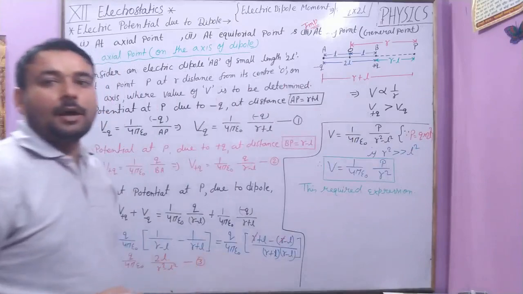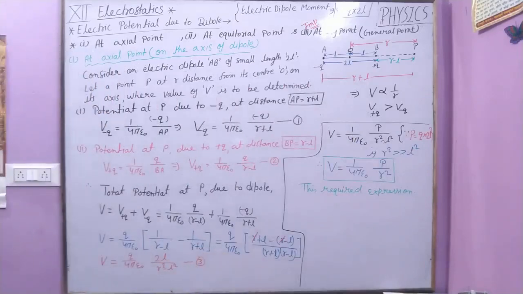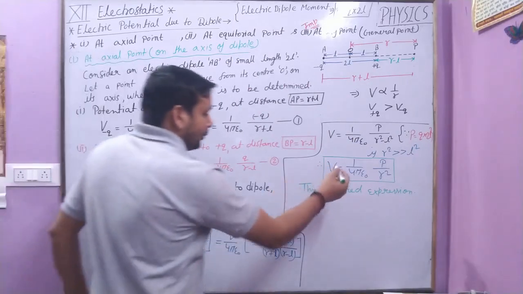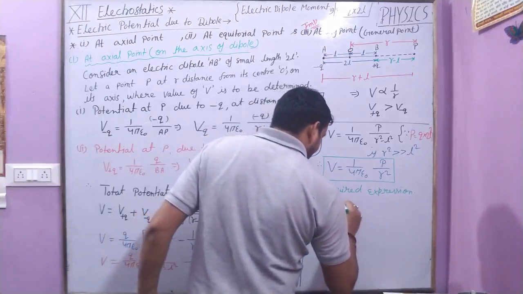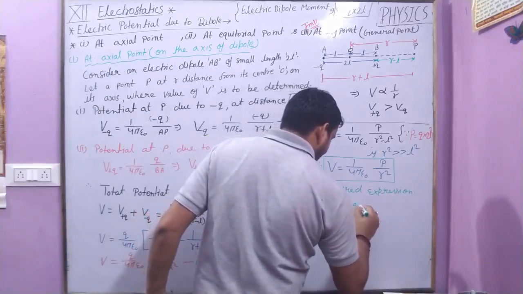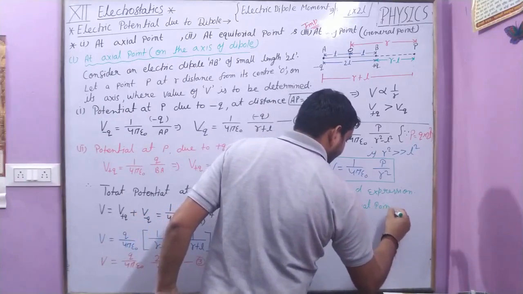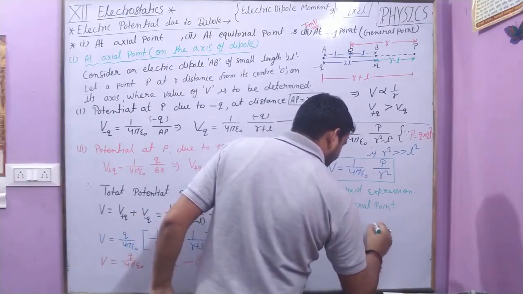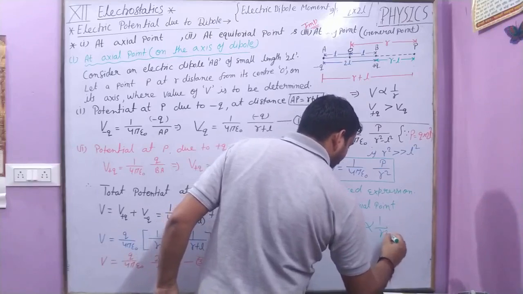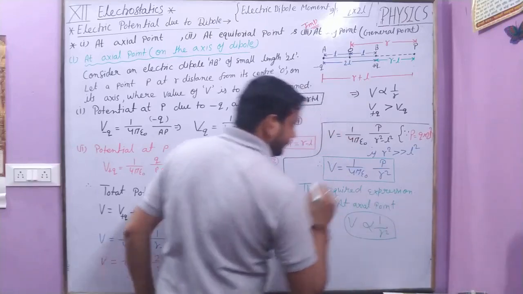Now here we observe at the axial line, at an axial point, V is inversely proportional to the square of the distance.